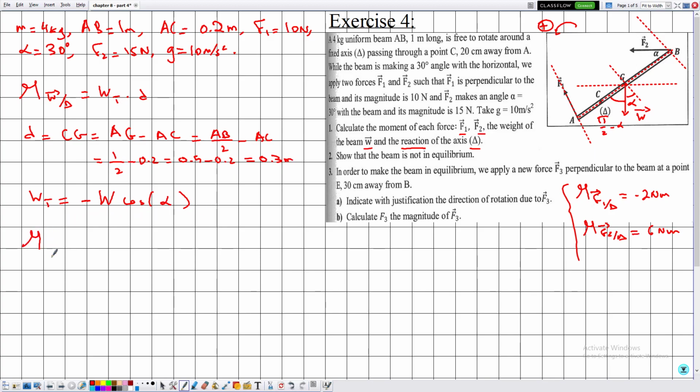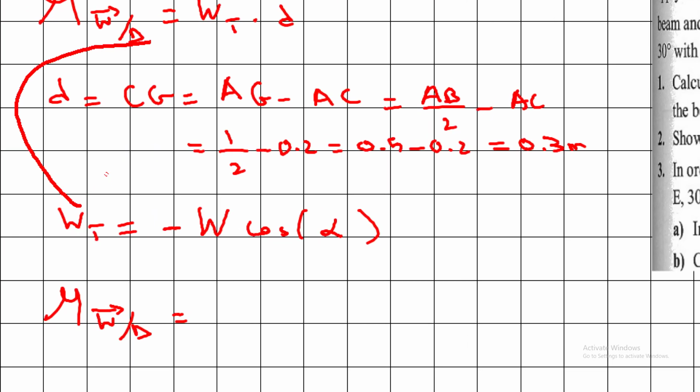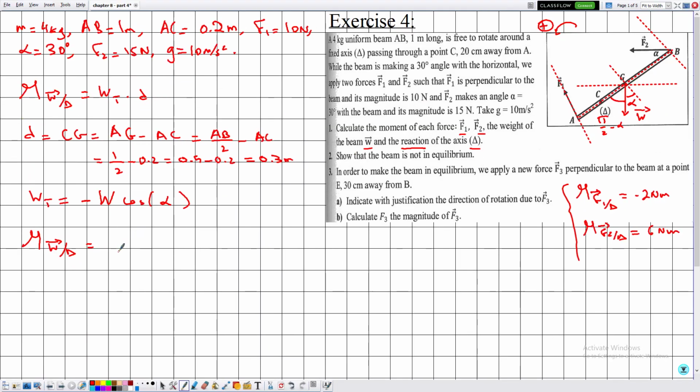Now, as for the moment of the weight around delta, replacing this here and this here, we get minus W cosine alpha multiplied by D, which is equal to minus the weight, given by M multiplied by G, multiplied by cosine alpha, which is cosine 30, multiplied by the value of D, which is 0.3.